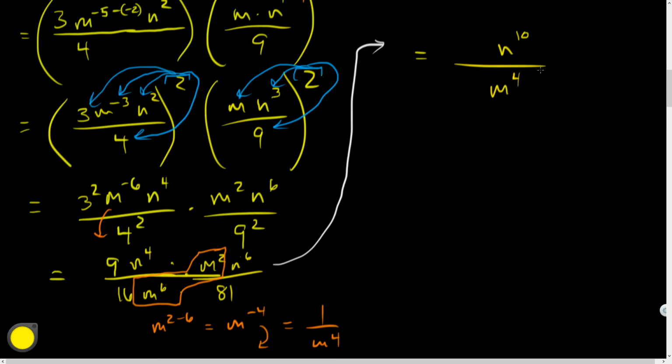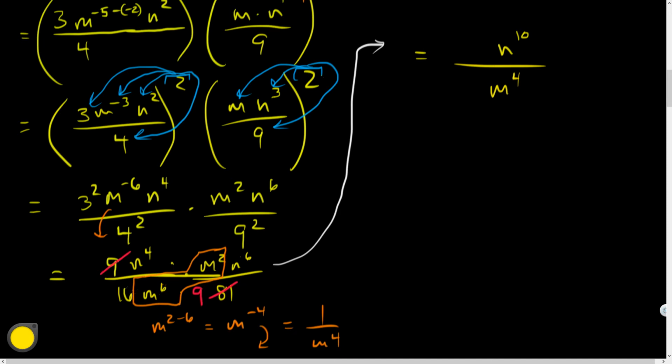I'm not done yet. So I'm dealing with these m's and n's. I've got 9 and 81. I'm thinking I can reduce that fraction. What number goes into both of them? 9, yeah. So I'm going to cancel out 9 here. It goes into itself once, and into 81 9 times. And so up top, there's no number with n, just technically an invisible one.